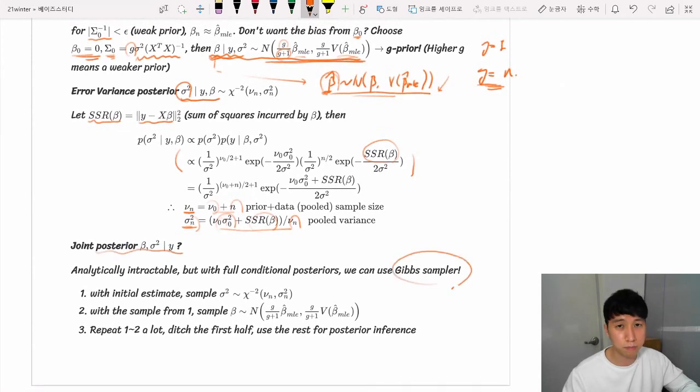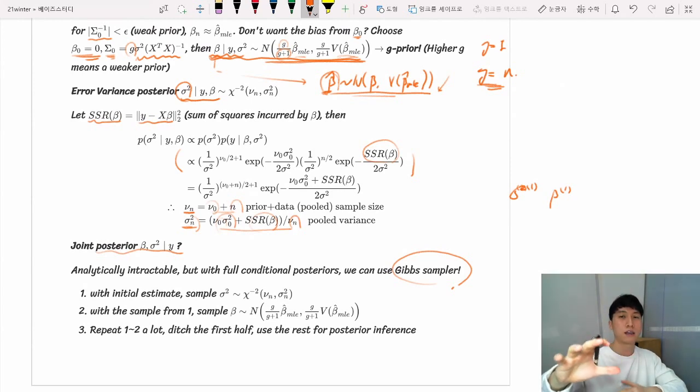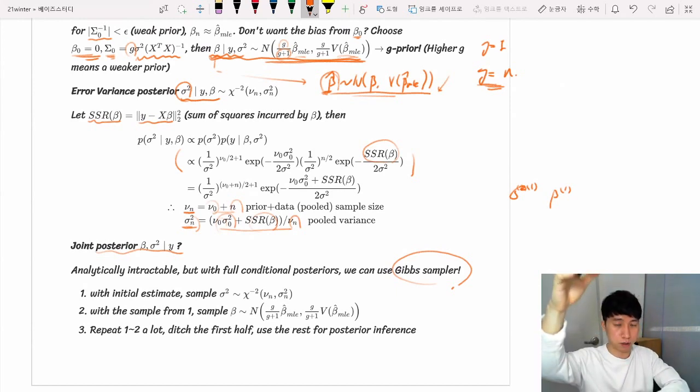First of all, Gibbs sampling proceeds in this fashion. You start with some initial estimate of sigma squared or beta 1, usually straight from the data, right? But it doesn't matter what initial estimate you give, as long as you give enough of a burn-in period in the first proportion of the samples, right?